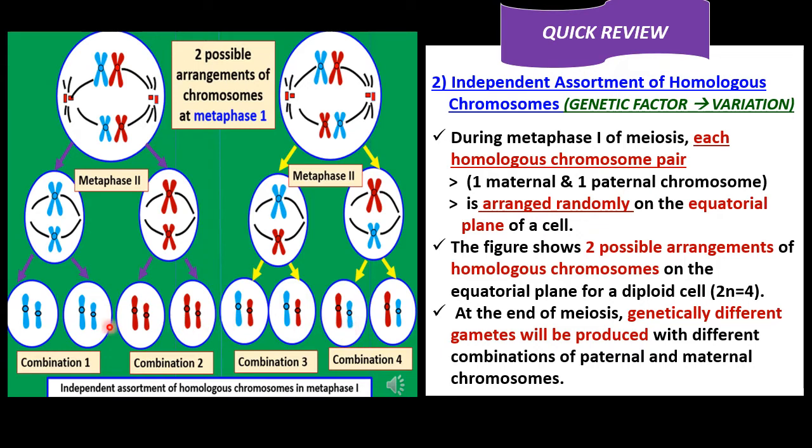So altogether you have 4 genetically different gametes produced from this cell with 4 chromosomes when there is independent assortment of homologous chromosomes, and the genetically different gametes produced will then cause variation to occur if they are fertilized. For a cell that has more chromosomes, there are more possible arrangements of the homologous chromosomes on the equatorial plane of the cell during meiosis.